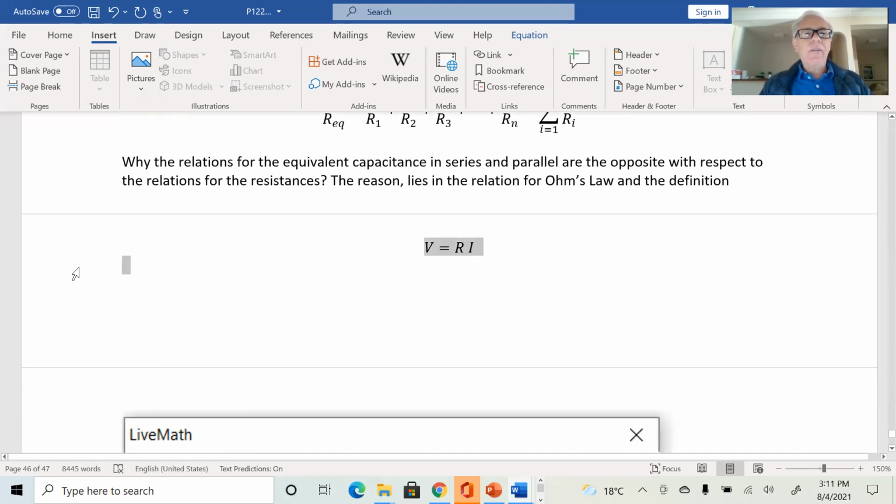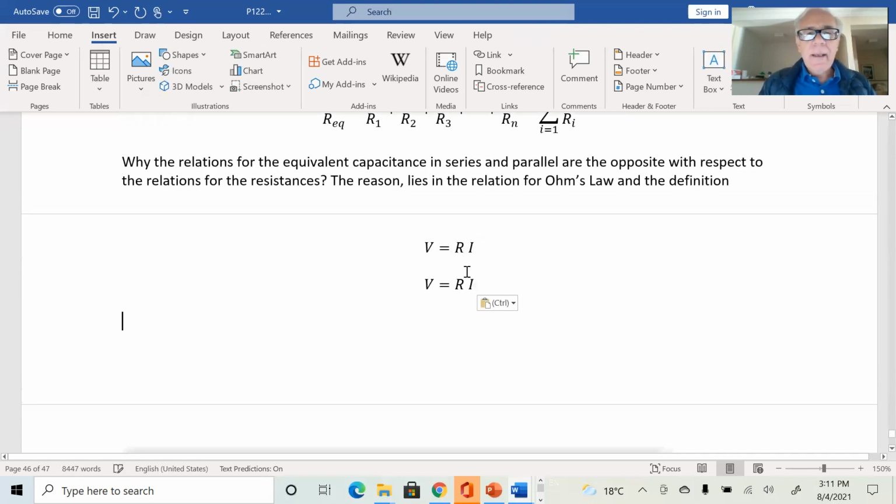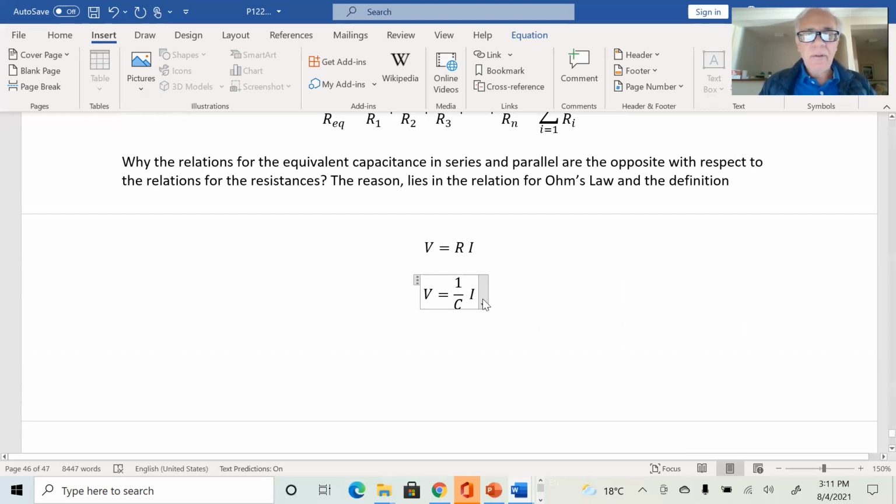In the case of the capacitance, the voltage is not going to be directly proportional to the capacitance. It's going to be inversely proportional to the capacitance, with a Q here instead of an I. Remember, I is delta Q over delta T, right?